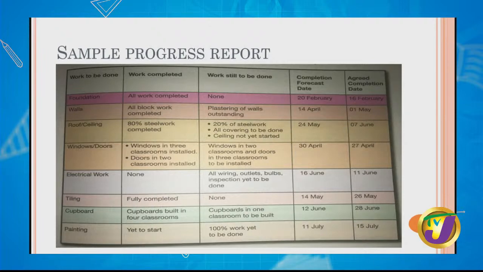So here, the headings: work to be done, work completed, work still to be done, completion forecast date, agreed completion date. Now, what I'm going to ask you to do is to take a screenshot of this so that you can have an example of what you have to do, because you are going to be required to create your own progress report. So take a screenshot so that you can have it for future reference.